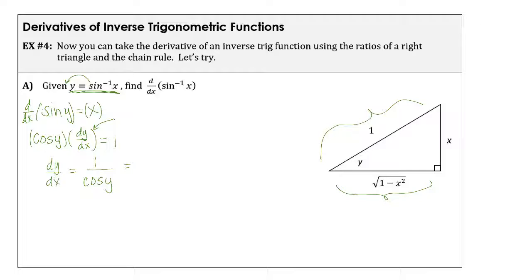So we see very quickly that we're going to have 1 over the square root of 1 minus x squared. So you can go through these steps every time, or you can memorize that the derivative of the inverse sine is always going to be this down here.